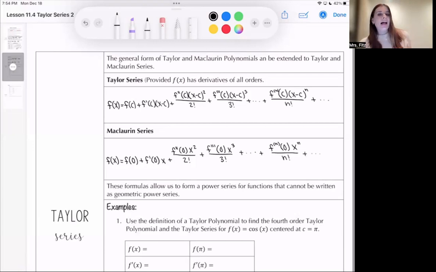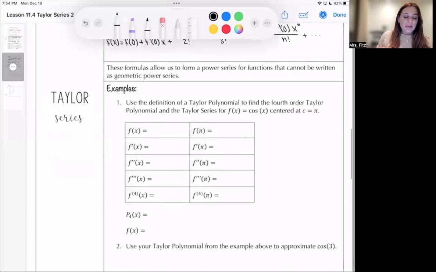So anytime you read a problem and it says Maclaurin series or Maclaurin polynomial, it's the same as a Taylor series, it's just centered at 0. Okay, so these formulas allow us to form a power series for functions that cannot be written as a geometric power series, which is what we kind of did in that last lesson.